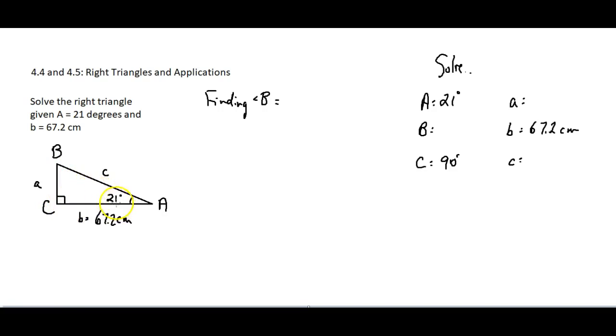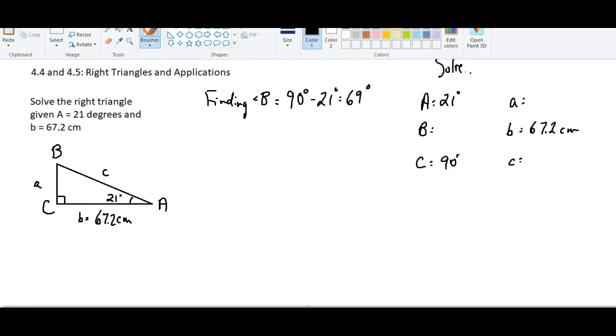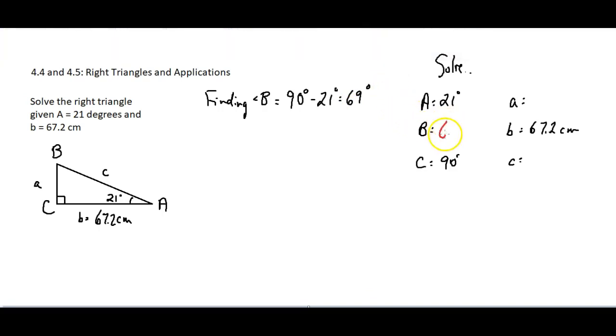Therefore, the other two smaller angles have a sum of 90. So we can find angle B by subtracting from 90. So 90 degrees minus 21 degrees equals 69 degrees. And let's fill in our answers as we go.